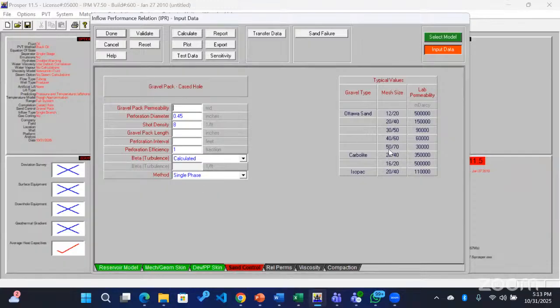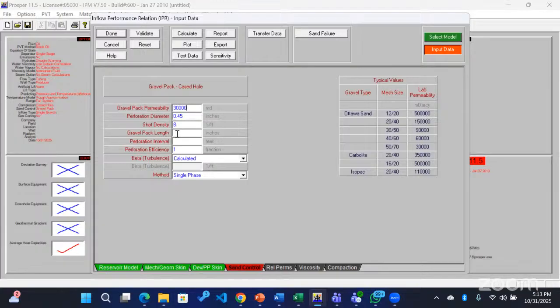So the mesh size 50/70, that is 50 micrometer can enter a 70 mesh size or those kind of thing. Then the lab permeability. So I will be going with this 50/70 Ottawa sand. Let me say we have 30,000 millidarcy. Again, this is standard from the laboratory, so that's why I'm fetching directly from there.